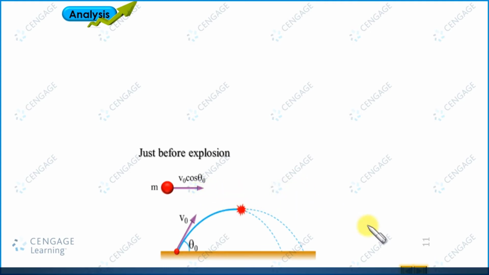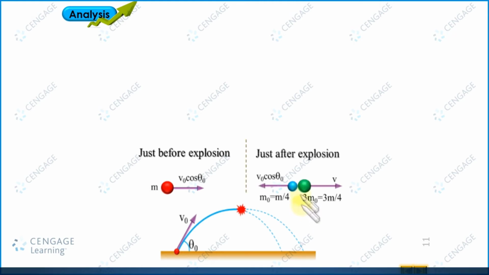Now let us analyze the heavier part. Heavier part is having mass say 3m naught. This velocity is unknown, so we can assume the unknown direction is in the rightward direction, and let us consider this velocity is having magnitude v. So this is the situation just after explosion.